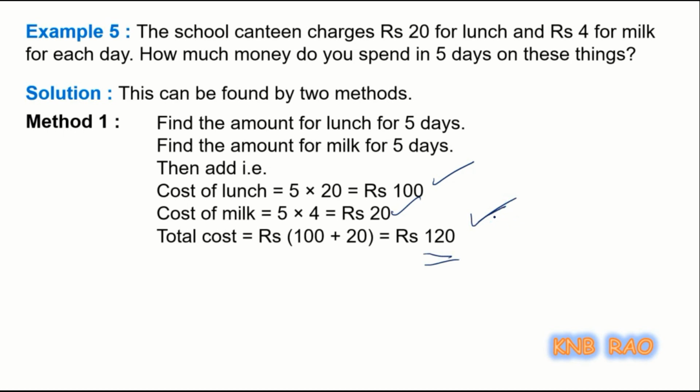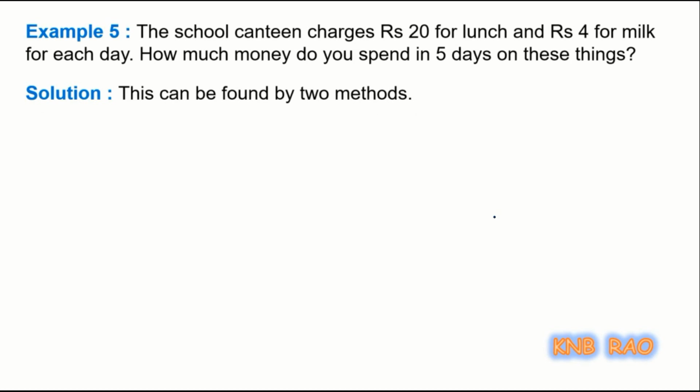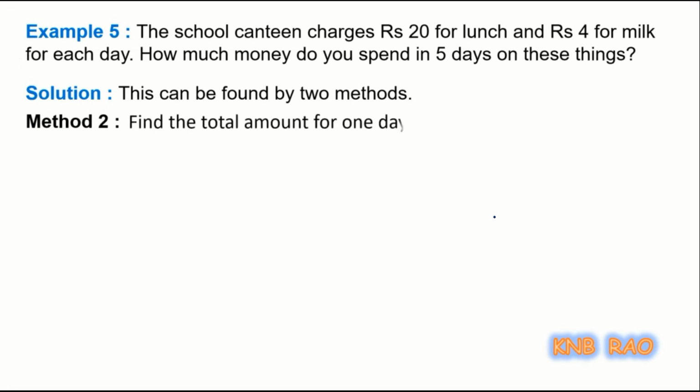And this similar question can be solved using distributivity. How will we do it? That is the second method. Find the total amount for 1 day first. How to find the amount for 1 day? In a day you spend 20 rupees for lunch and 4 rupees for milk.